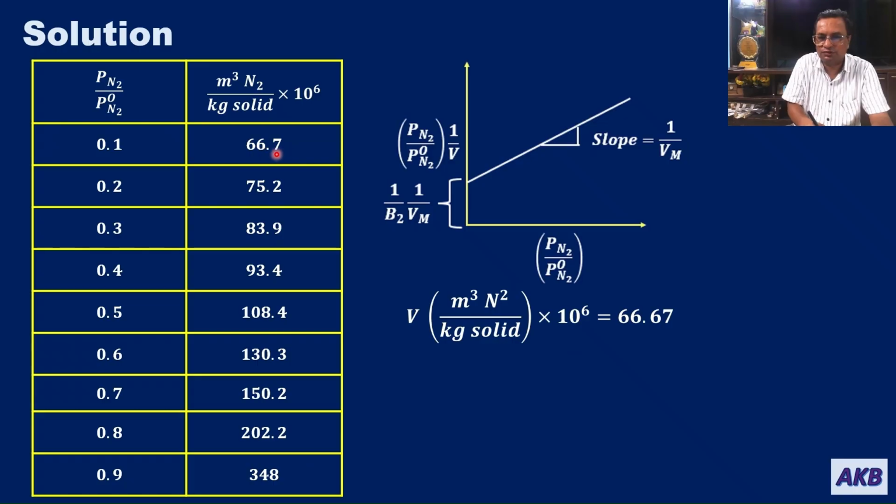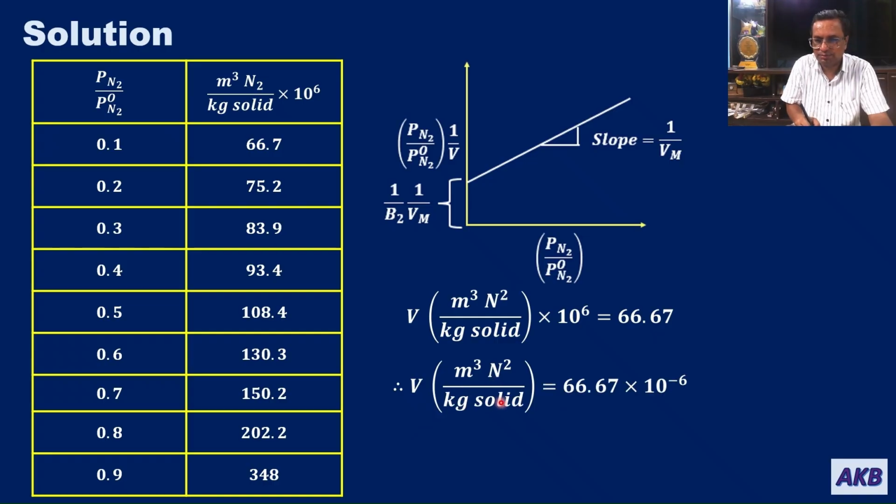So for example, for the first value, V, that is meter cube nitrogen per kg solid into 10 to the power 6, is 66.67. That is V, meter cube nitrogen per kg solid, is equal to 66.67 into 10 to the power minus 6. That means in the second column, you can get V.